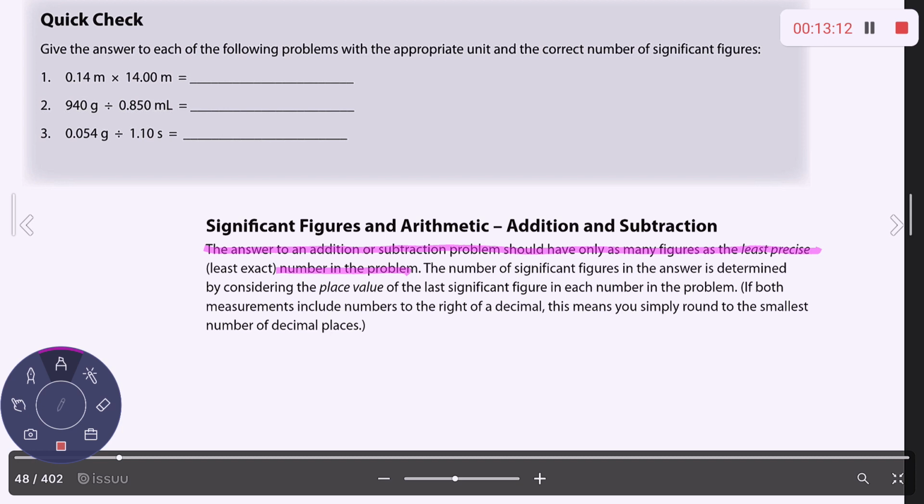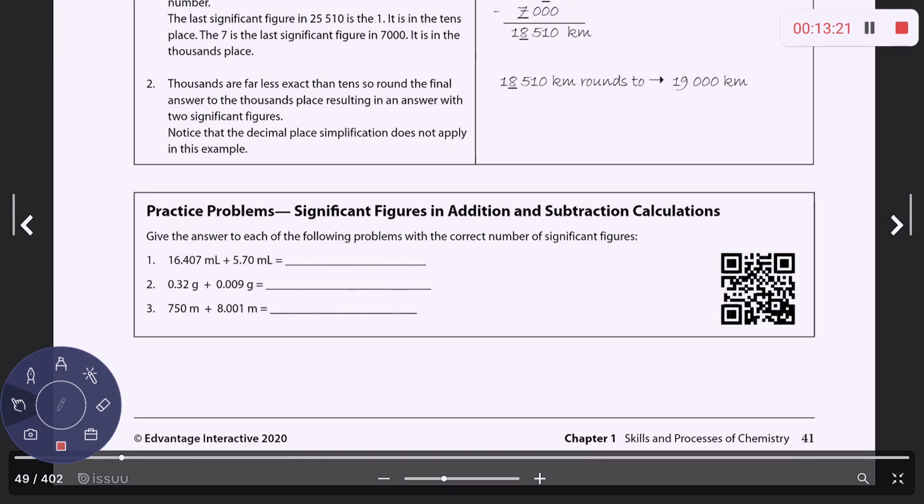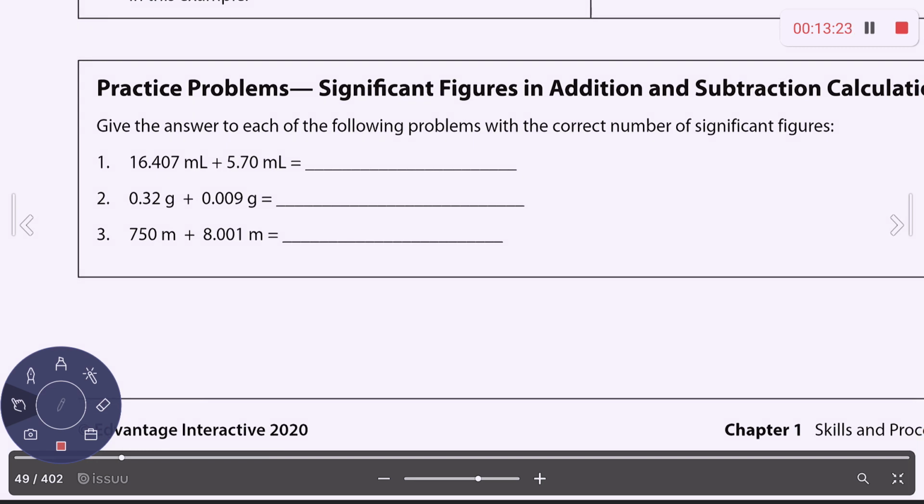Okay, I strongly suggest lining up decimals and drawing the line after the term with the fewest decimal places. So let's go right here. For number 1, I've got 16.407 and 5.70. Notice I lined up my decimals.